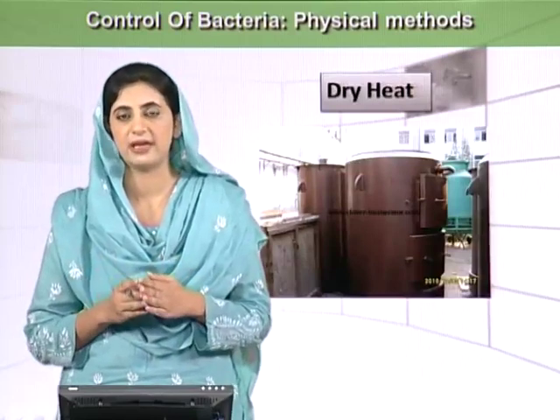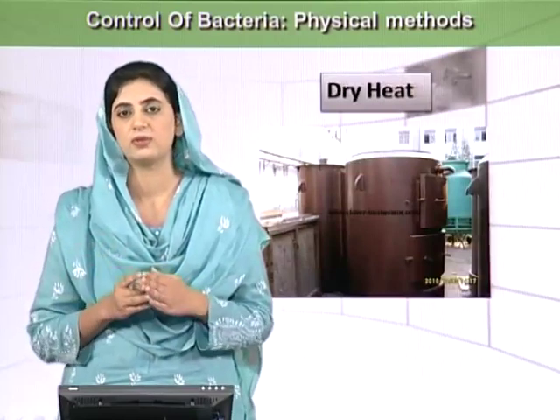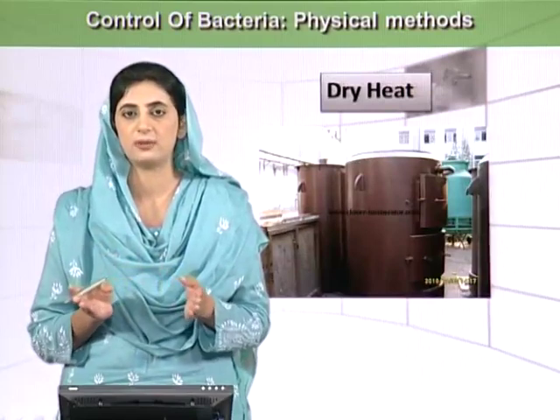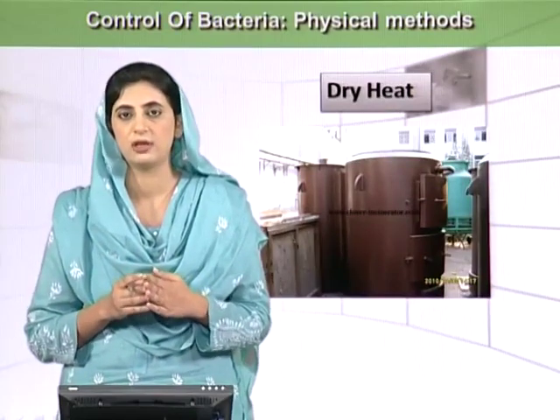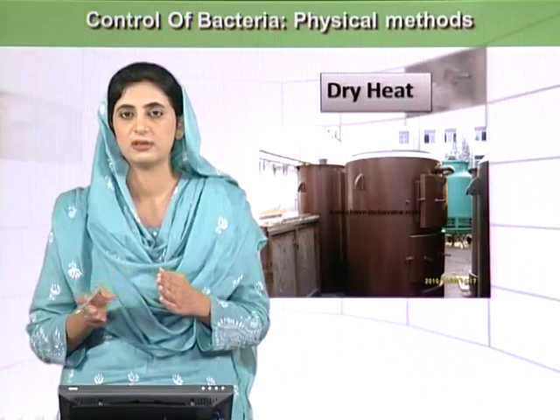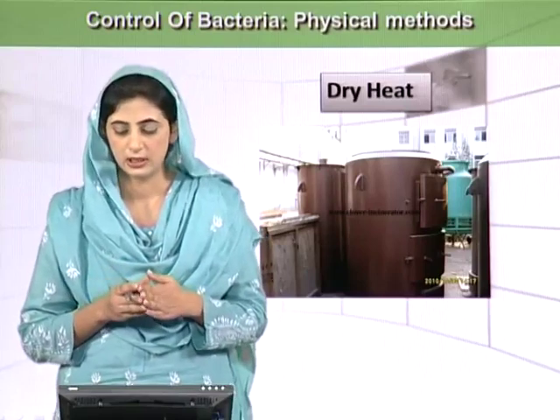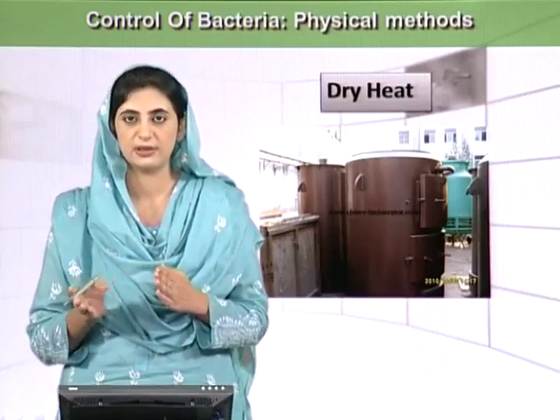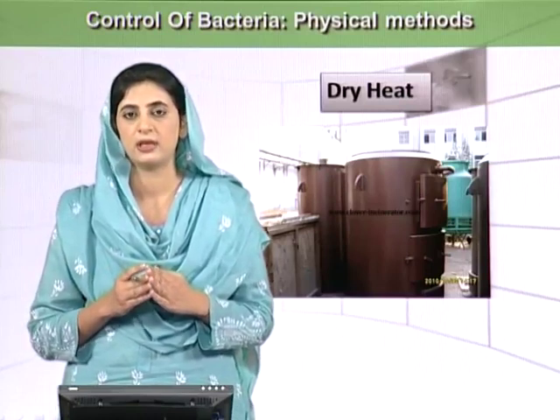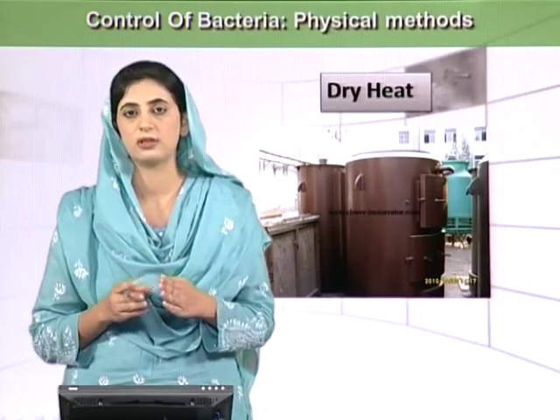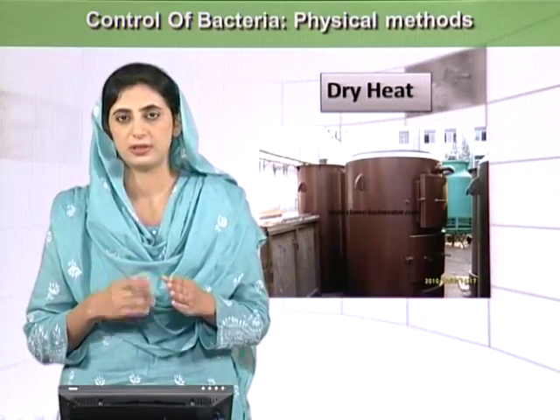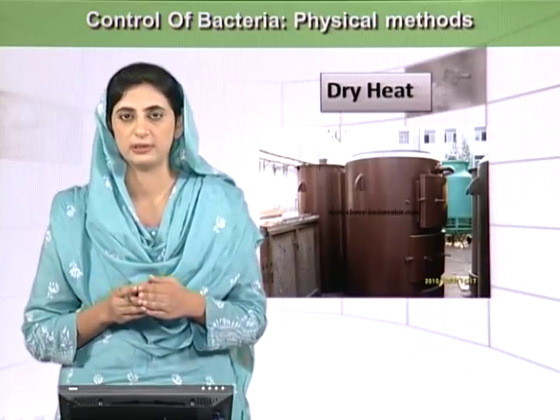Examples of dry heat are the common ovens used in the laboratory. In our bio lab we use a dry heat oven for sterilization of various instruments or products, and the other example is the incinerator shown here, used in hospitals for the cleansing or sterilization of hospital waste.